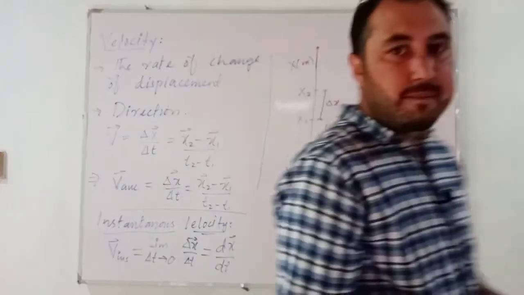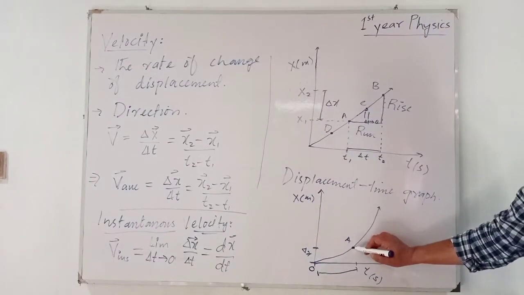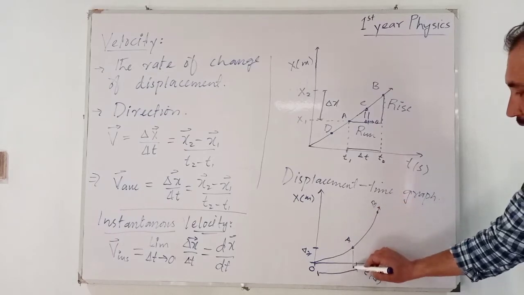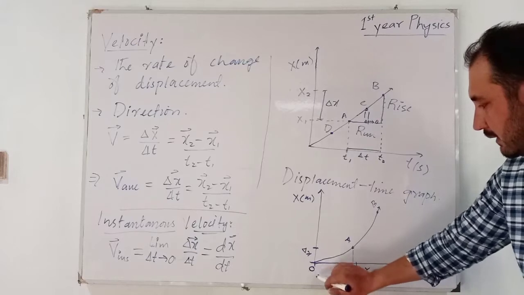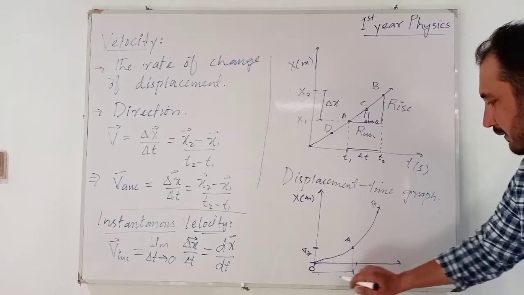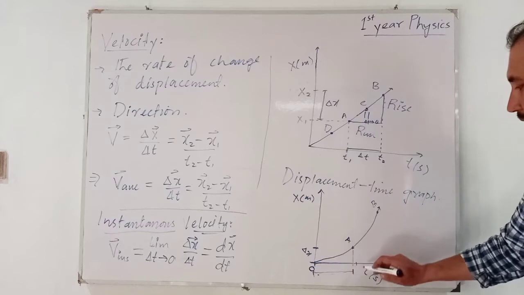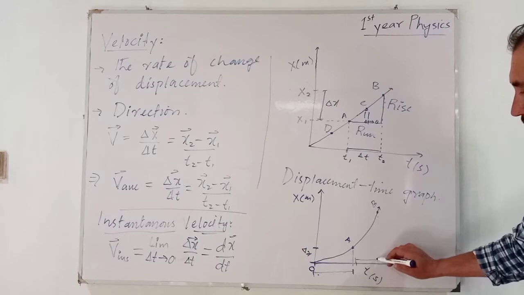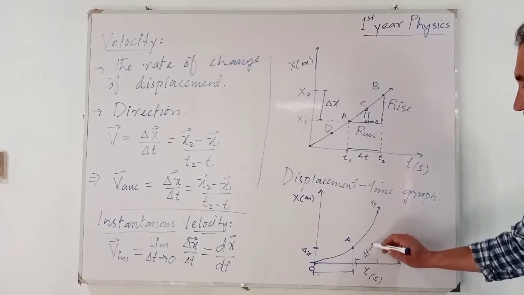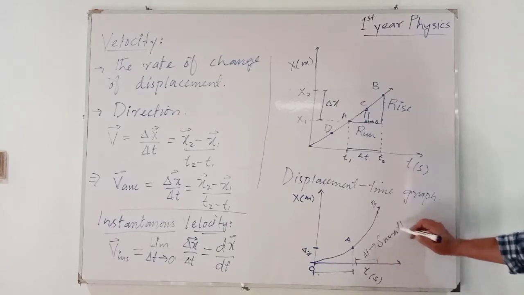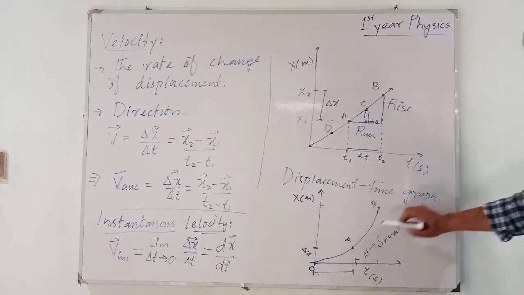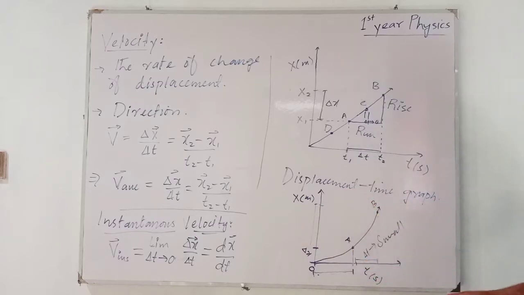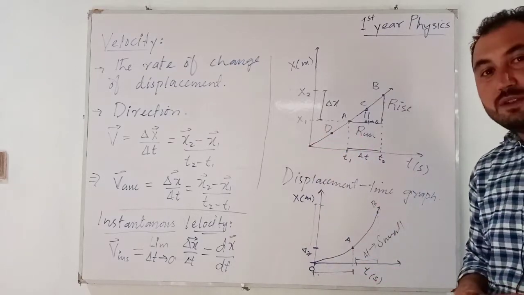On the other hand, if we consider another interval between point A and point B, this was the time interval for the first interval, and here this is the time interval, and it is somewhat small. Now delta t is small, right? But what about the change in displacement? You can see the change in displacement is now large. So in a small time interval, a very large magnitude of displacement is covered.